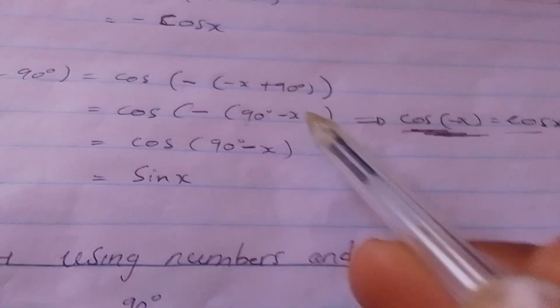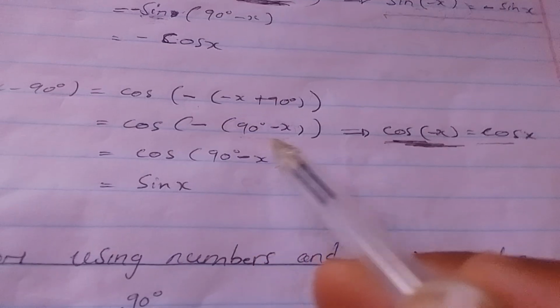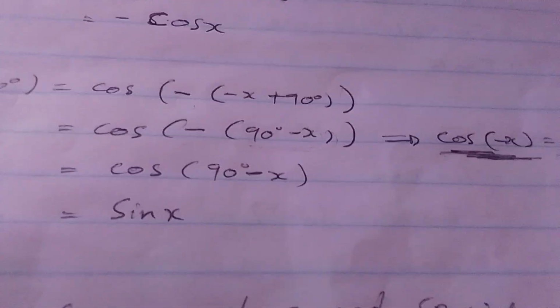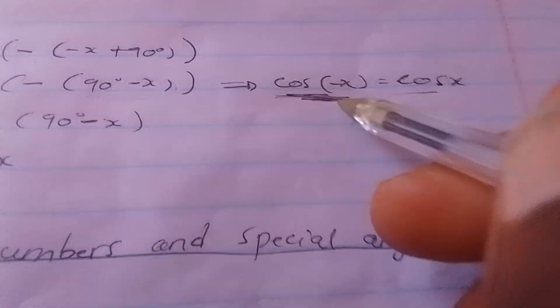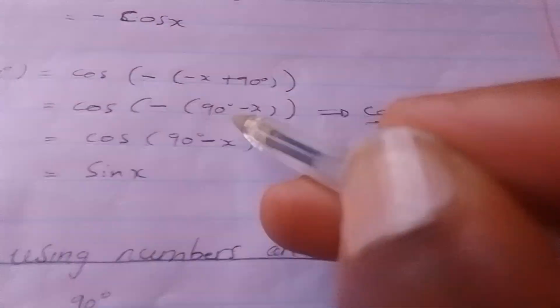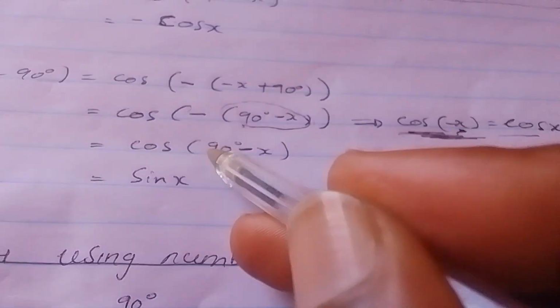So we have, like this is cos into negative this angle. Take this angle as one thing, like they are attached. But you just have to, in place of x, replace it with this angle. That's what we did here.